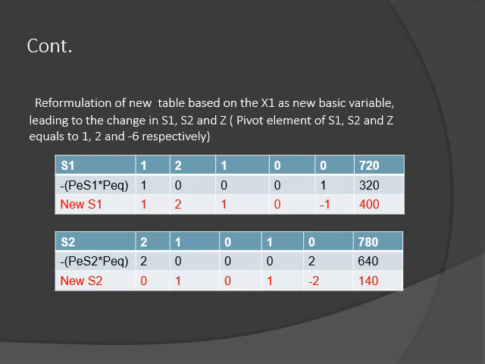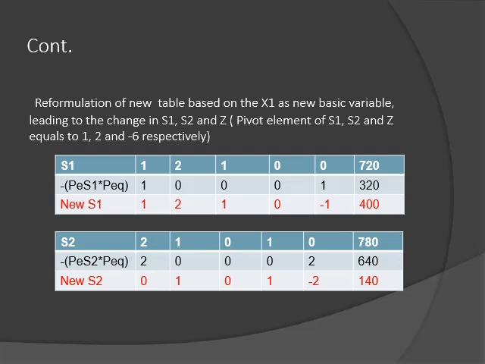Looking at the primal table, the values of S1 are 1, 2, 1, 0, 0, 720. The result of multiplication of the pivot element of S1 by the pivot equation equals 1, 0, 0, 0, 1, 320.